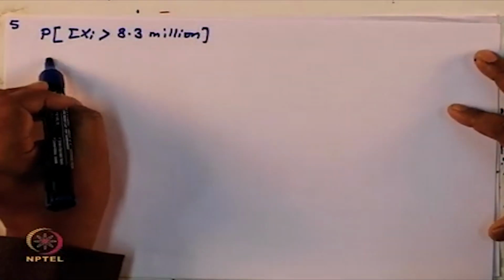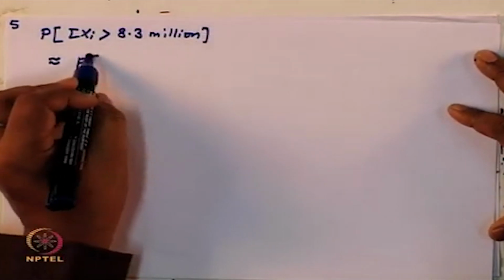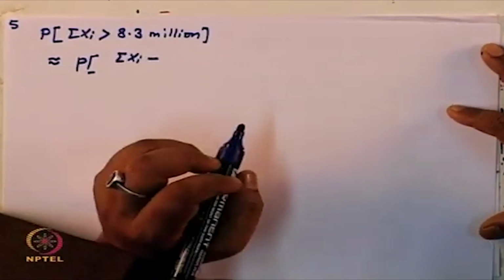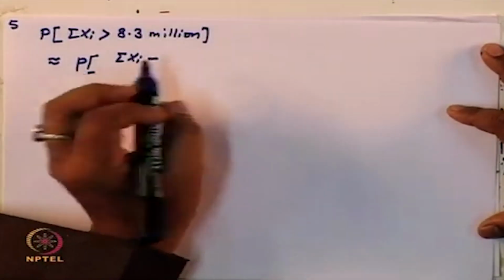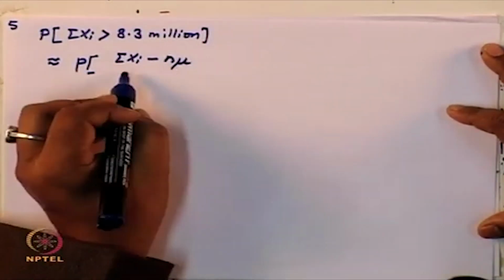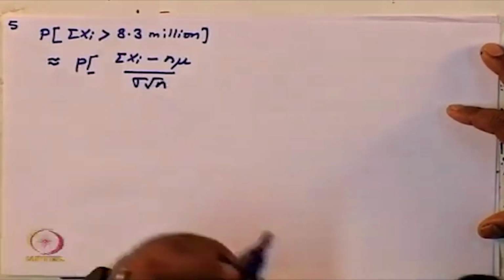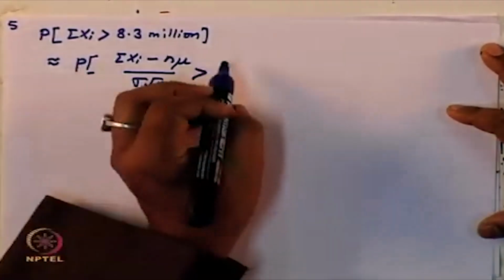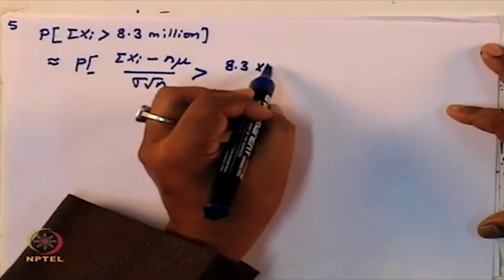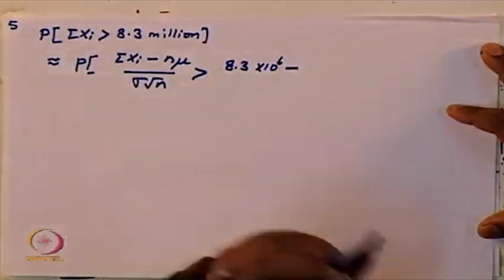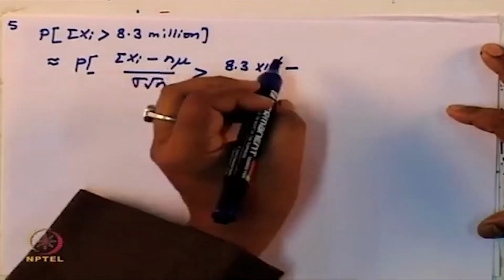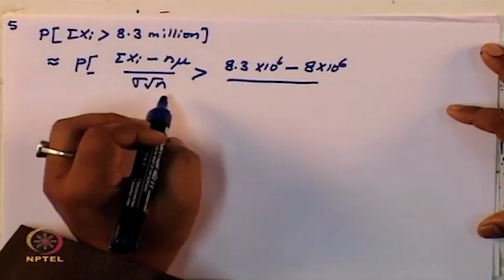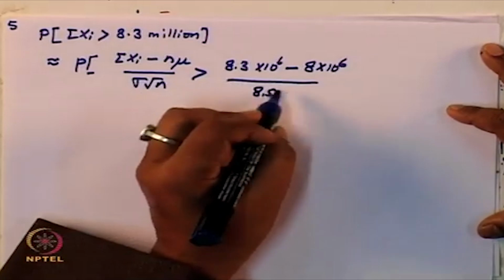So, we can approximate this as the probability that summation xi minus n mu by sigma root n is greater than 8.3 into 10 to the power 6 minus, so n mu is going to be 8 into 10 to the power 6 that we found, and sigma root n is going to be 8.5 into 10 to the power 4.